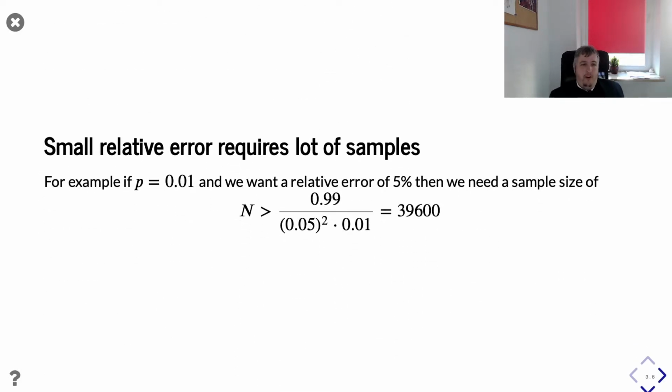So for example, if our probability of interest is 1 in 100, and we want a relative error of less than 5%, so we want to be very confident about our 1 in 100 chance of the event occurring, then we need a sample size of greater than 39,000, which is a relatively big number of samples.